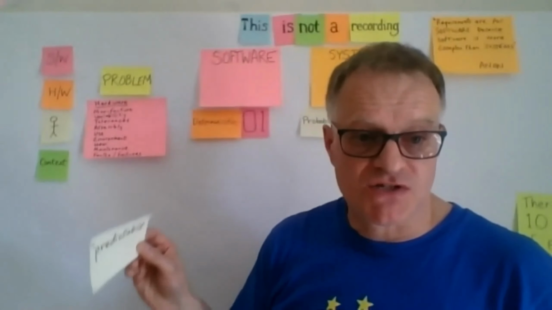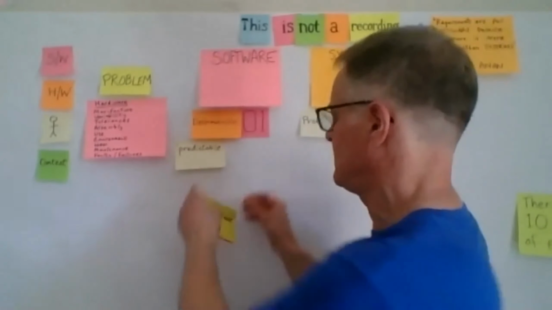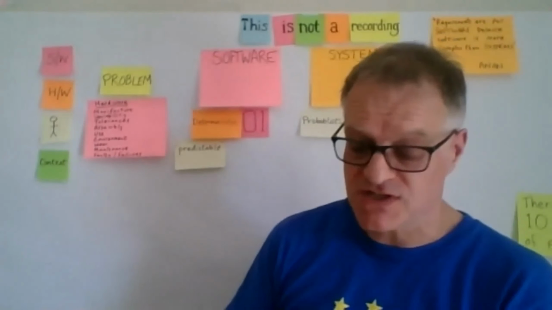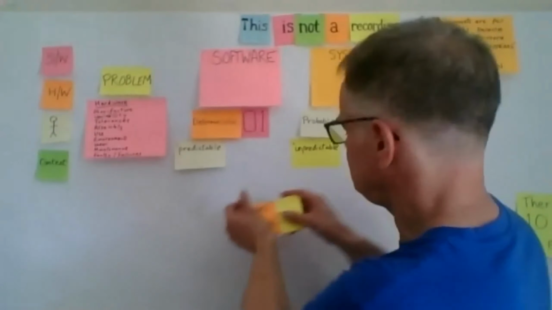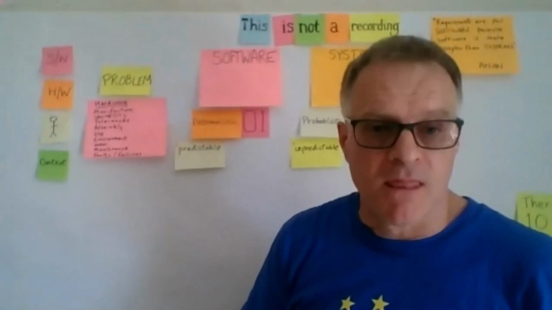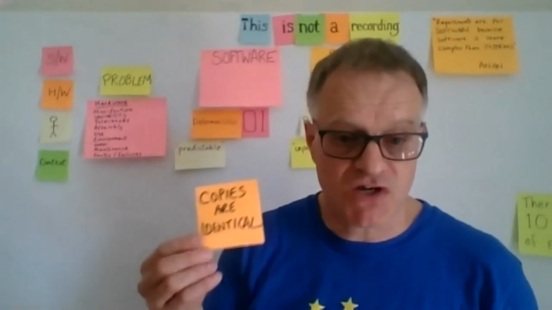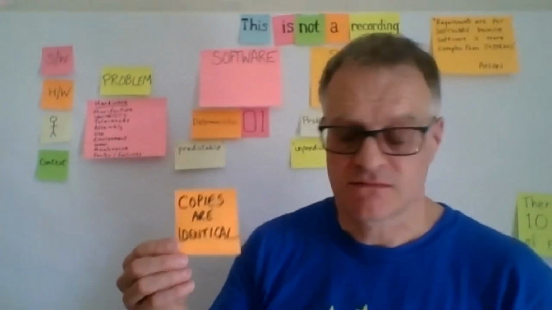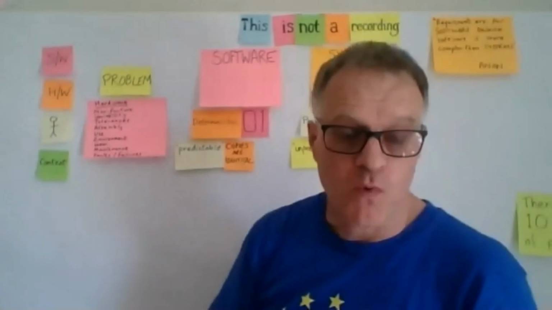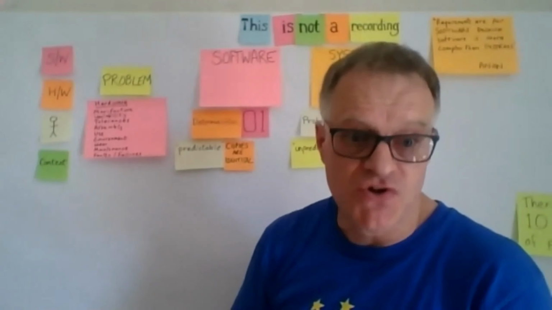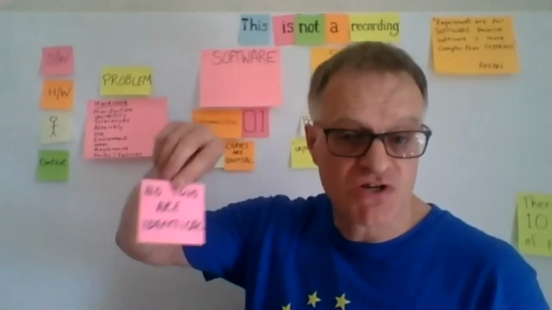Because of that, software is inherently predictable. Guess what? Systems are less predictable, unpredictable. An interesting one: software, if you duplicate it, if you copy it, the copies are identical. Whereas hardware, and indeed users, non-software things, so things in the more systemy domain, no two are identical.